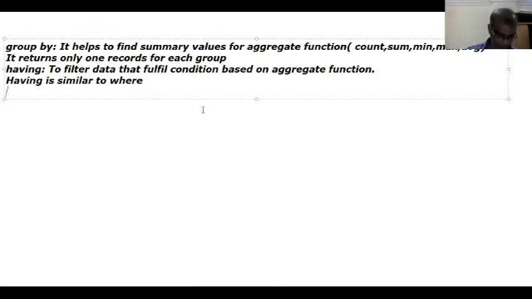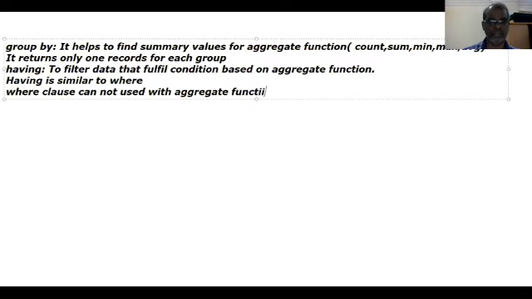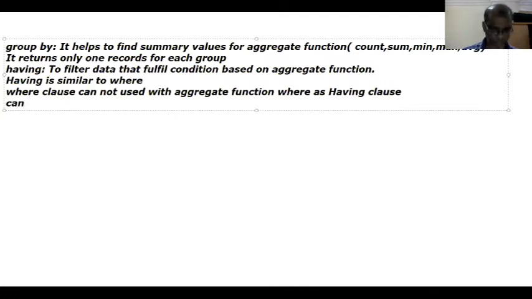The difference is, the where clause cannot be used with an aggregate function, whereas the having clause can be used with an aggregate function. Can be used with an aggregate function.